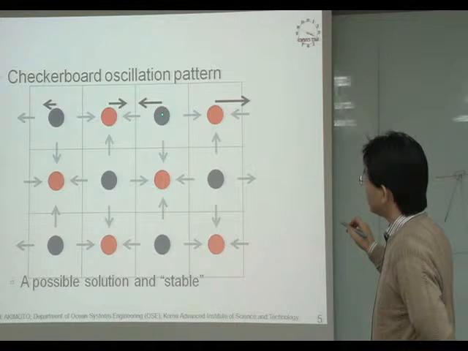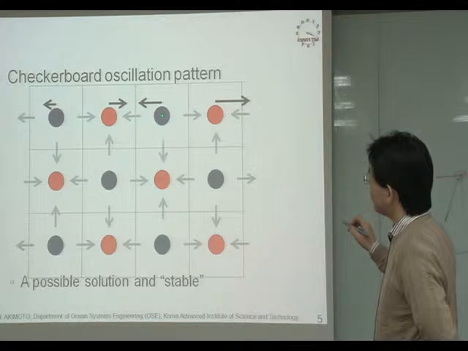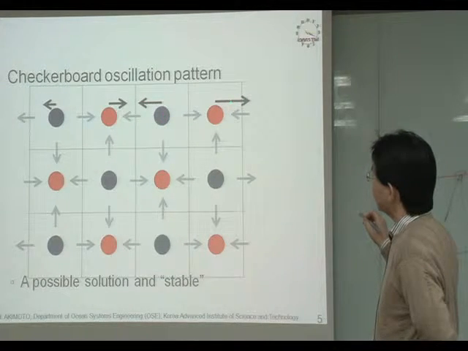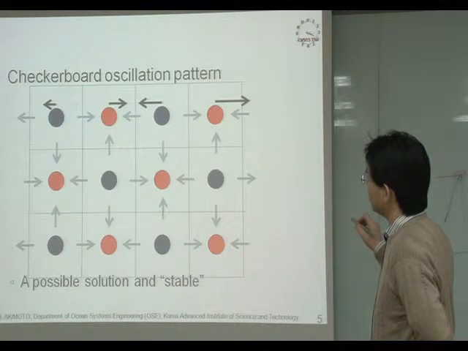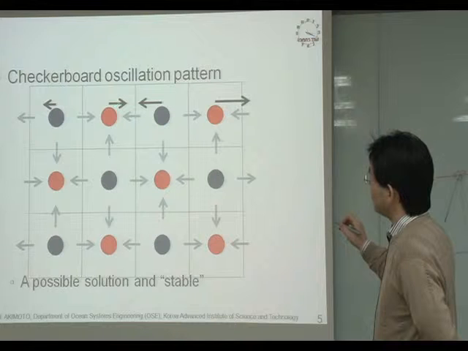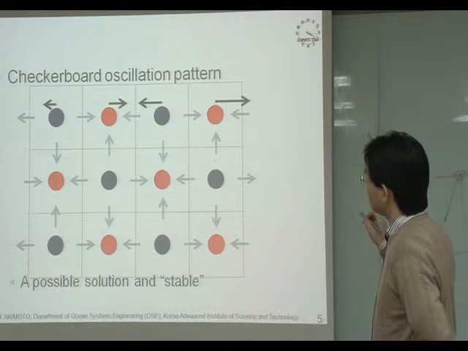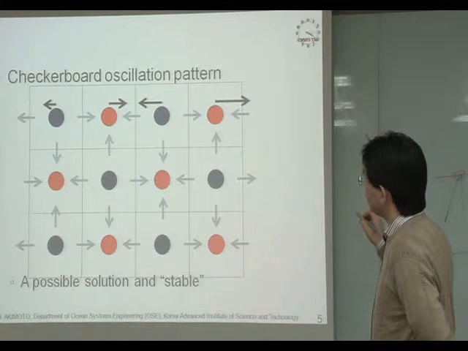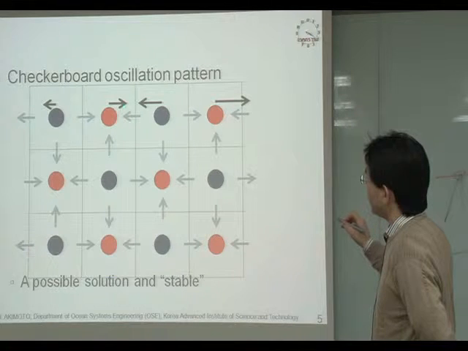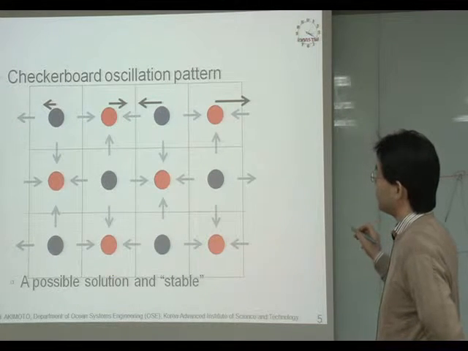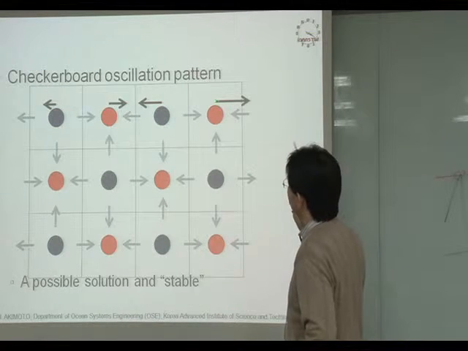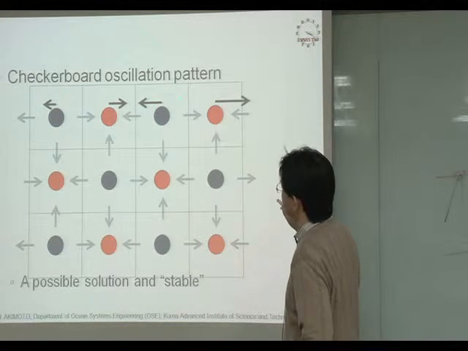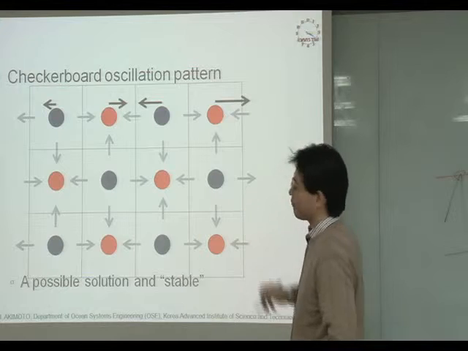In this point, it is negative velocity, and the magnitude is slightly smaller than the right side point, and so it shows a decrease. These vectors are changing direction alternatively, and the magnitude of vectors is decreased in this direction.